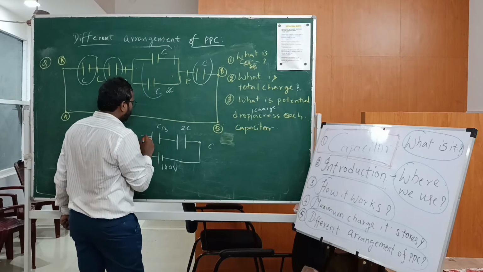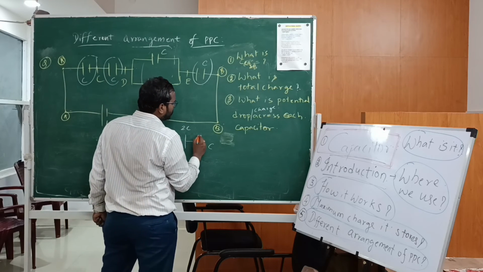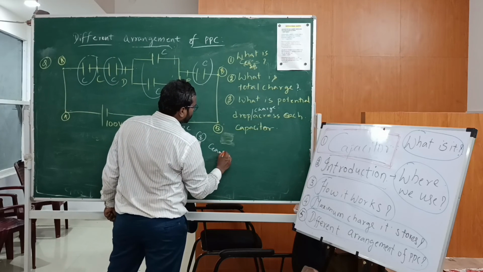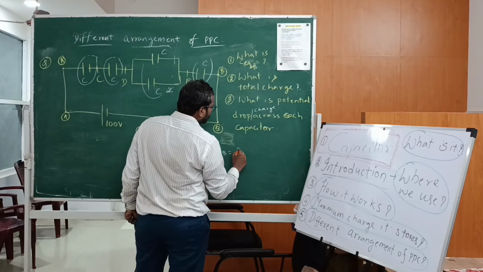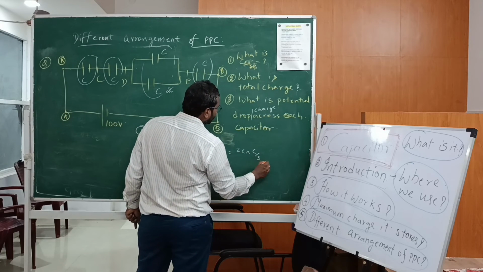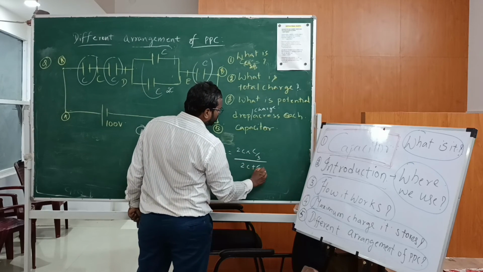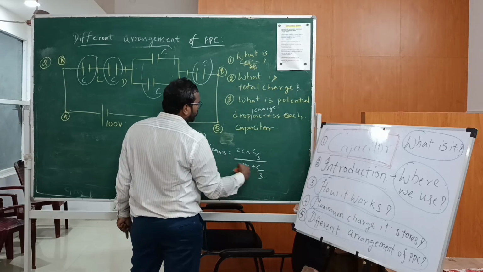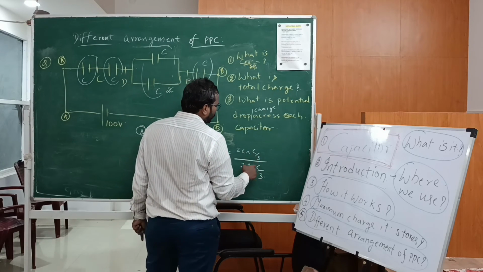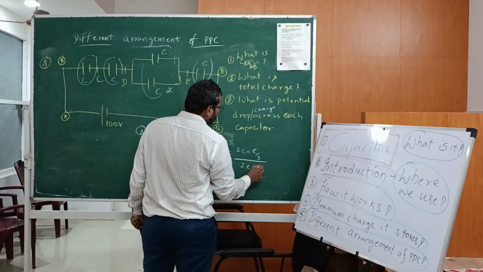So C equivalent across AB is C1 C2 by C1 plus C2. It will be 2C into C by 3, divided by 2C plus C by 3. So 2C square by 3, and one of these C's will be cancelled.